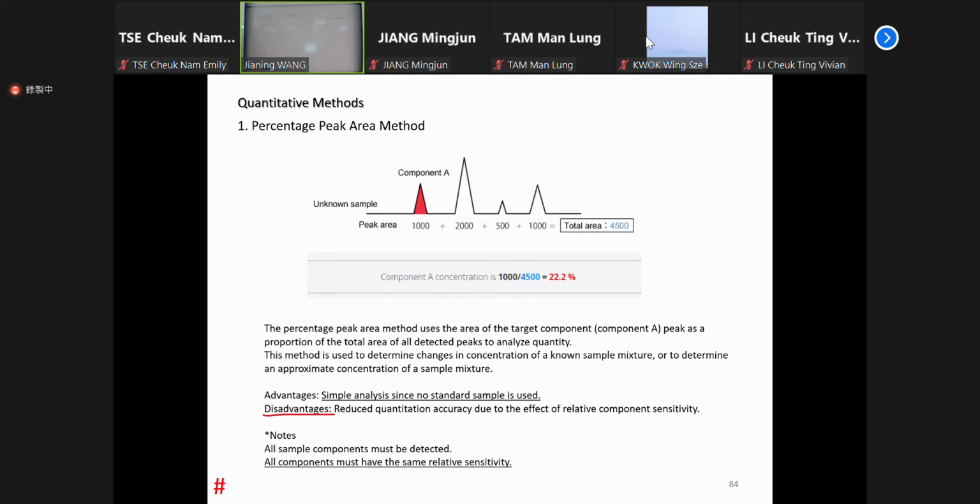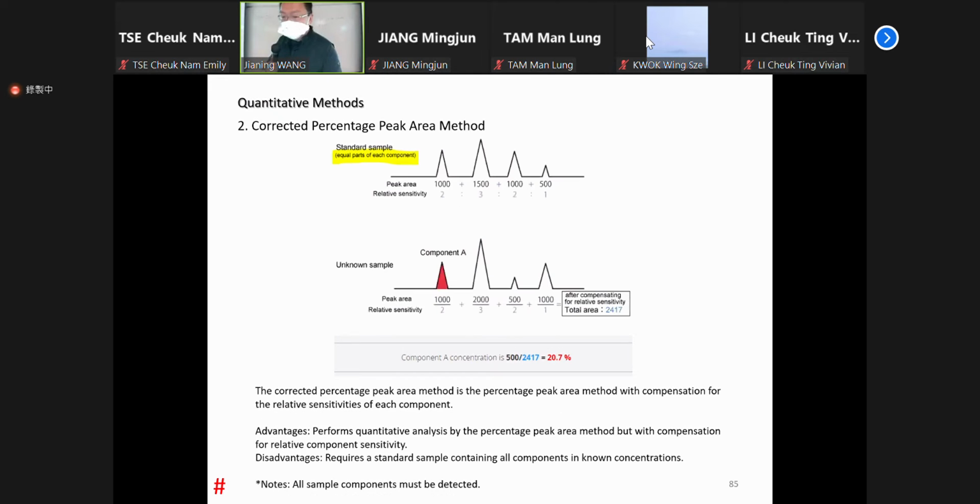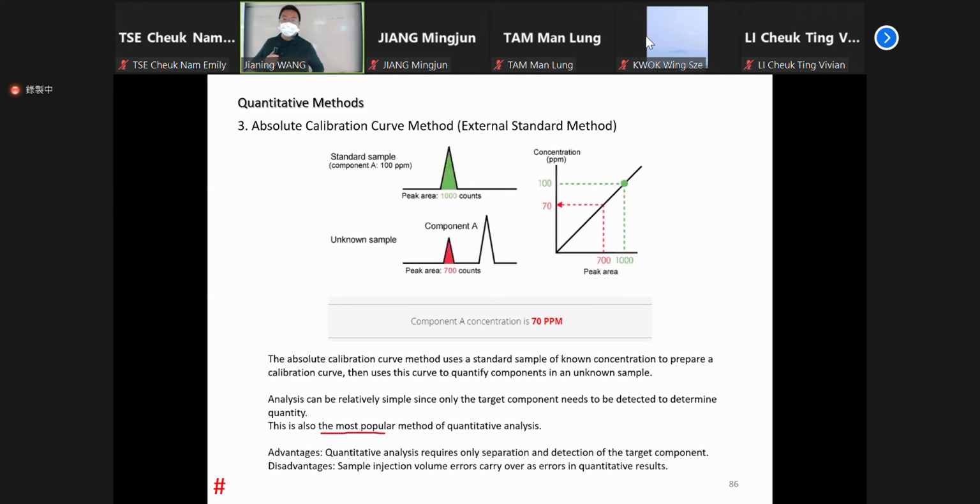Of course, you need to assume all the species have a similar signal response. If they don't have similar signal responses, we can do some correction, and you can still do the quantitative analysis.